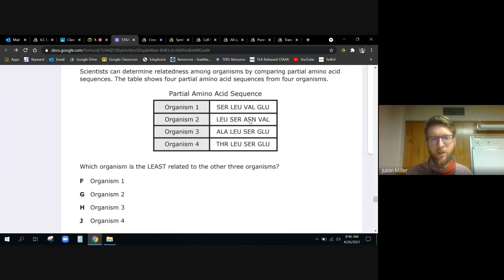The third amino acid, only 3 and 4 have in common, and the fourth amino acid, 1, 3, and 4 have in common. So it seems like 3 and 4 are very closely related. 1 is also closely related to 3 and 4, but which organism has none of the 4 in common? Right.